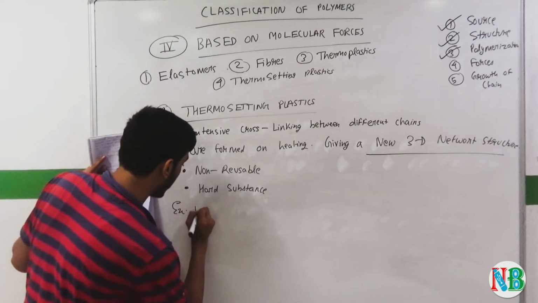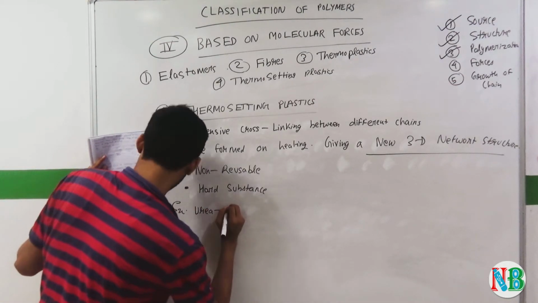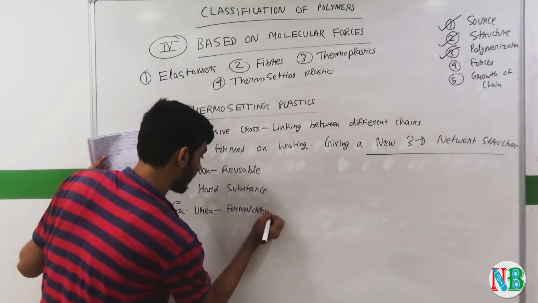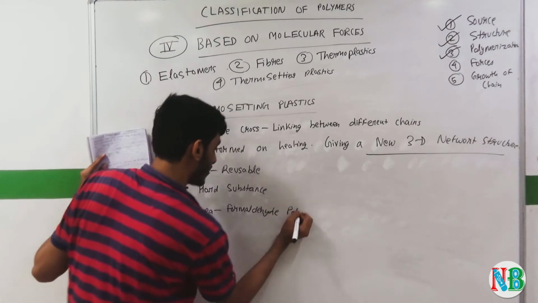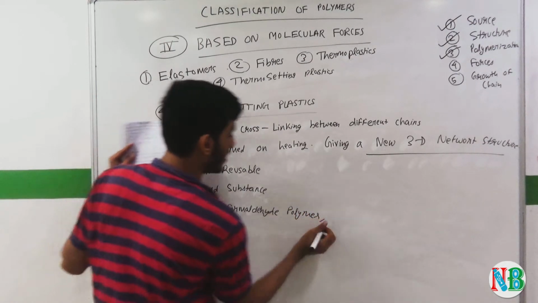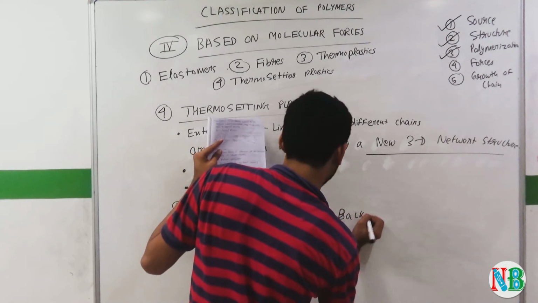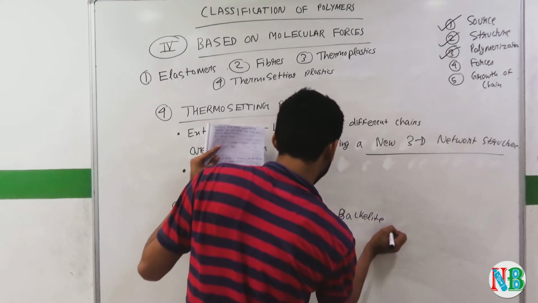Examples are urea formaldehyde polymer, and the second example is bakelite.